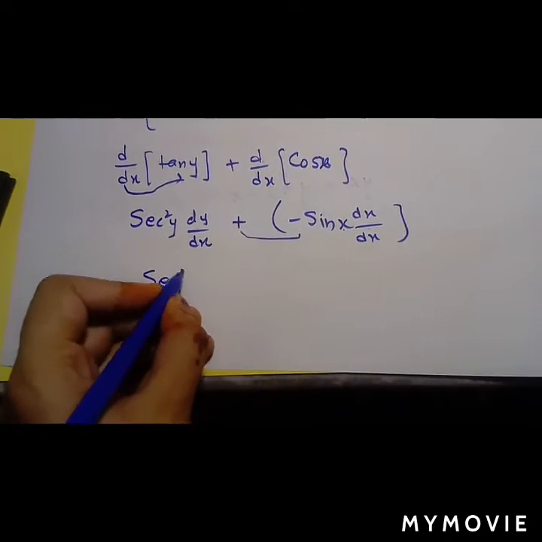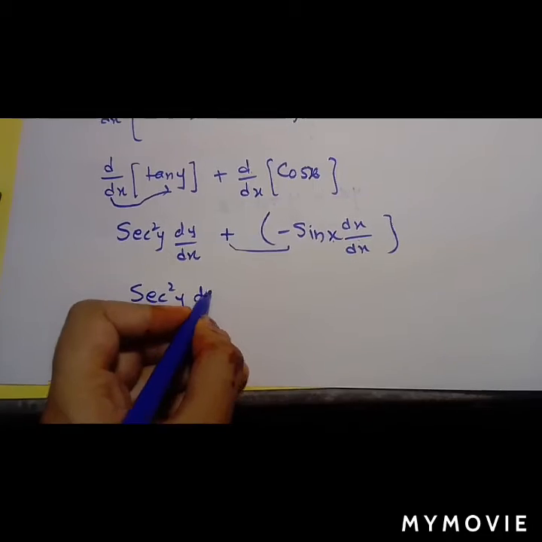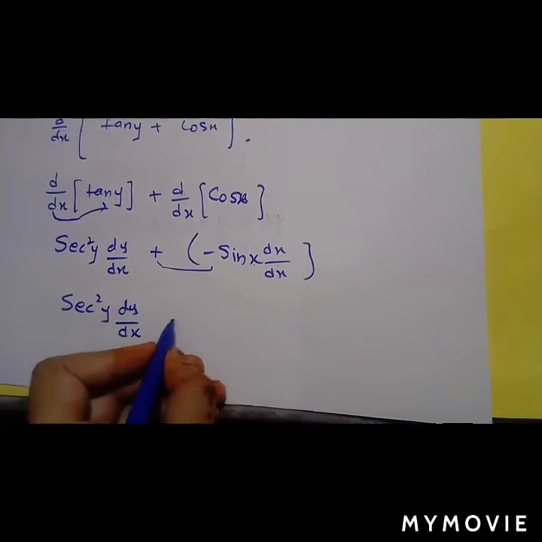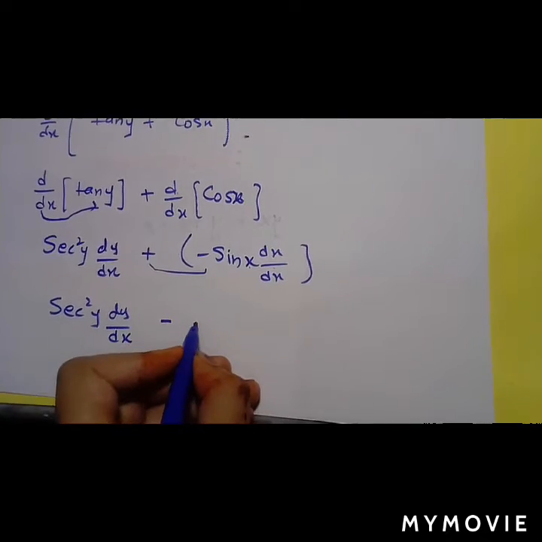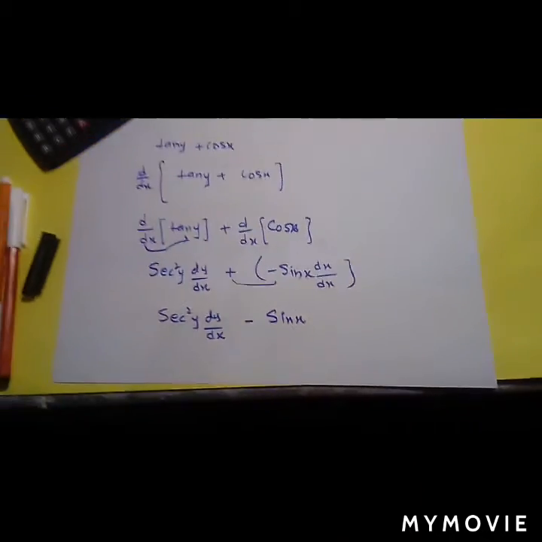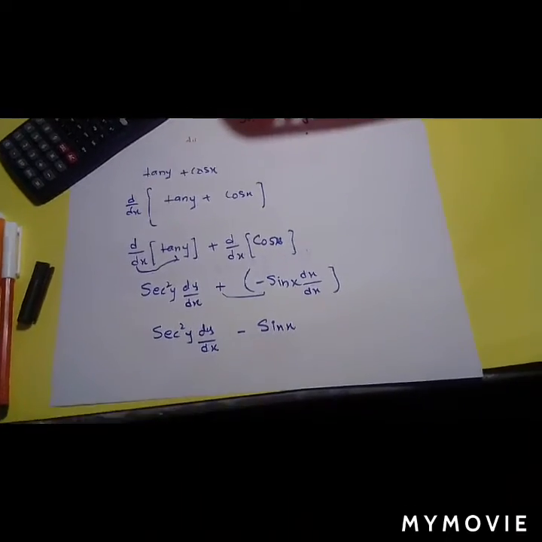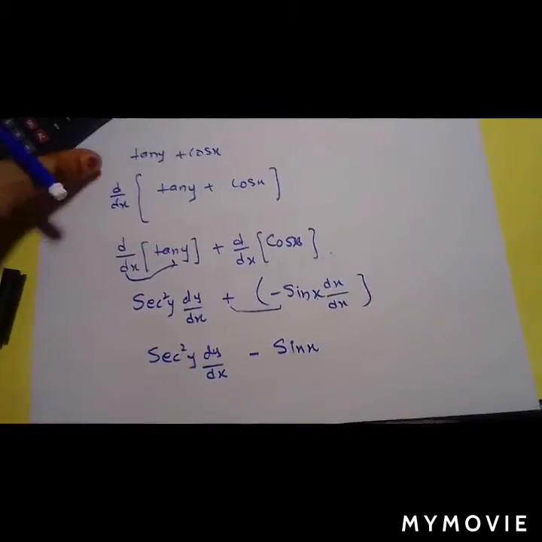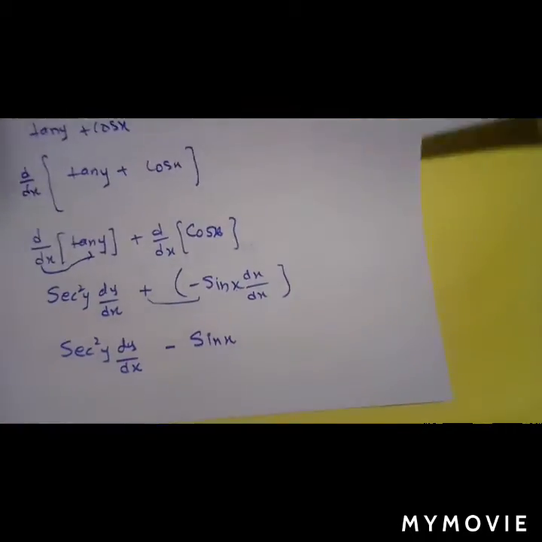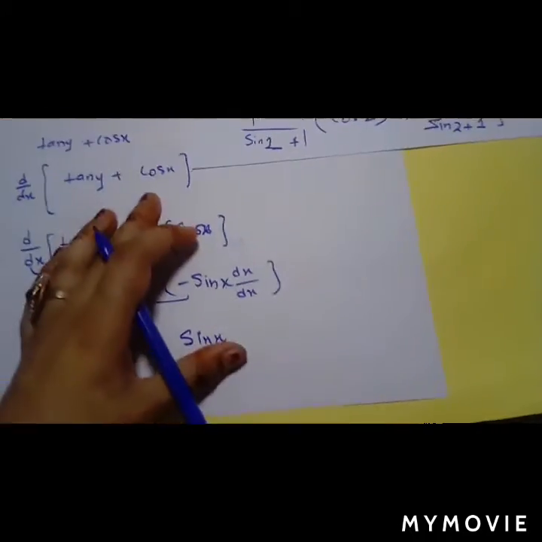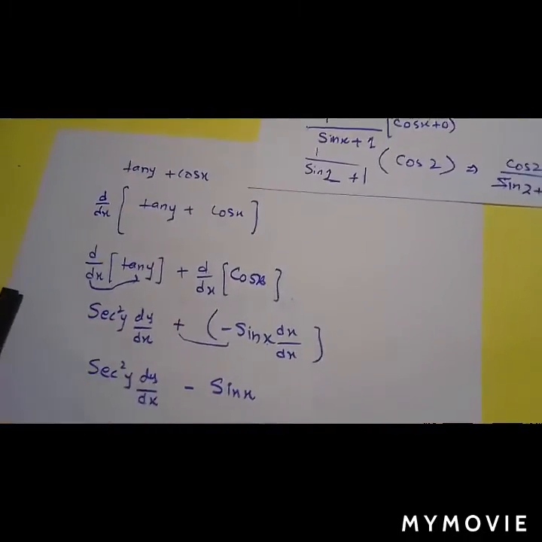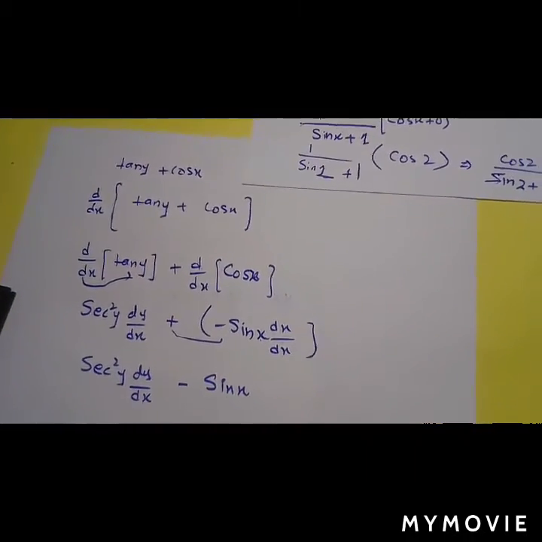Secant square of y dy by dx, minus sine of x. This is the whole question. Our equation is tan of y plus cos of x.